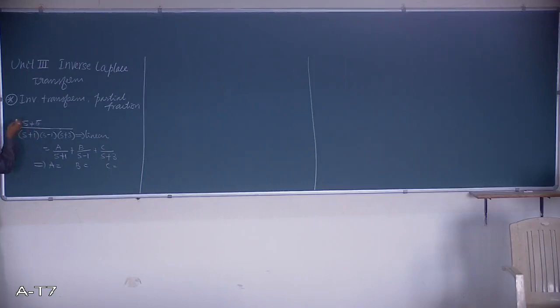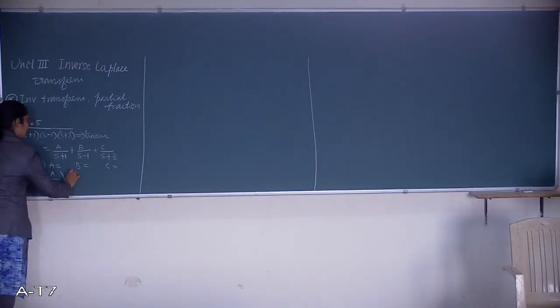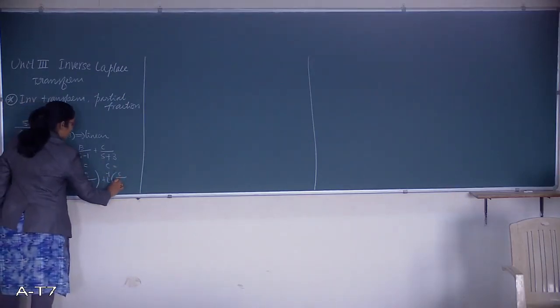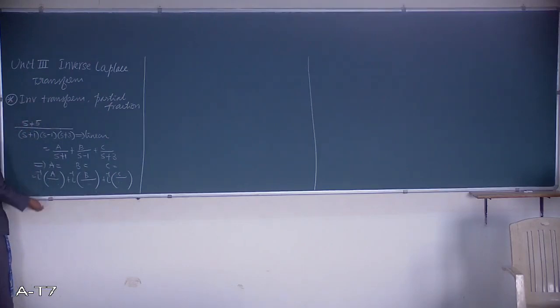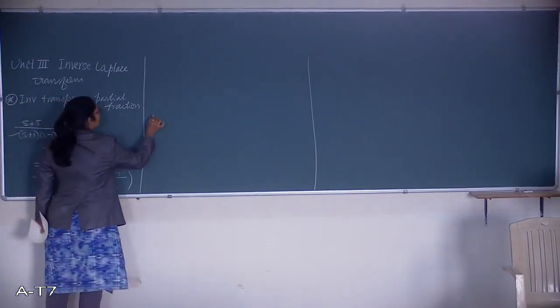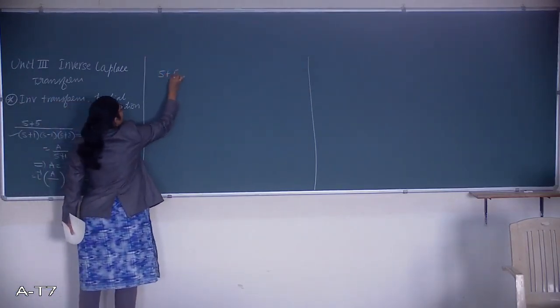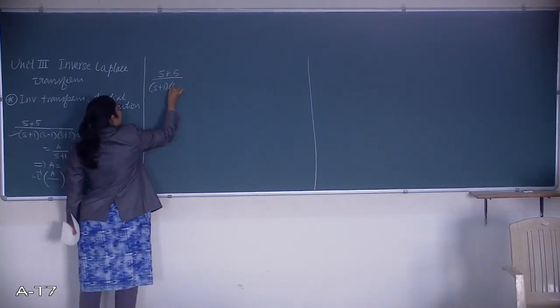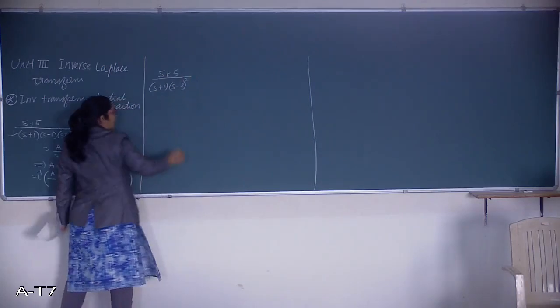Then while finding the inverse of the same, look at the denominator; here it is linear. Suppose I take the same example, with s plus 5 in the numerator and a bracket squared.